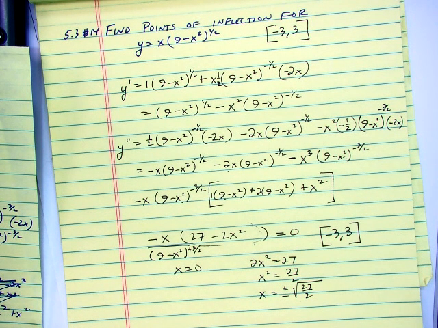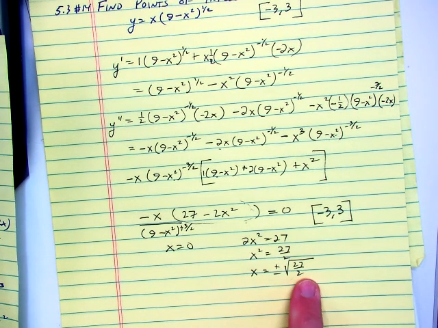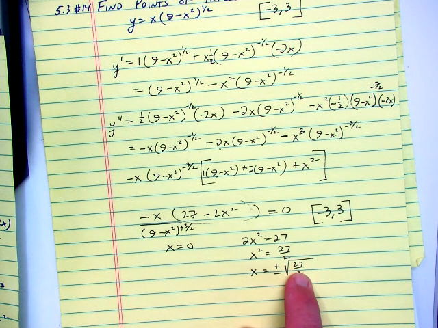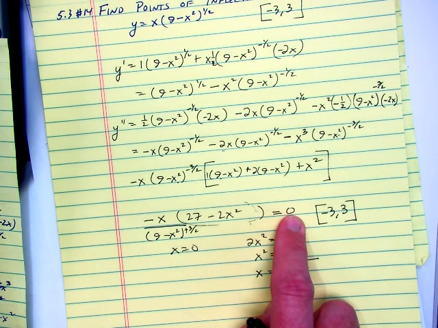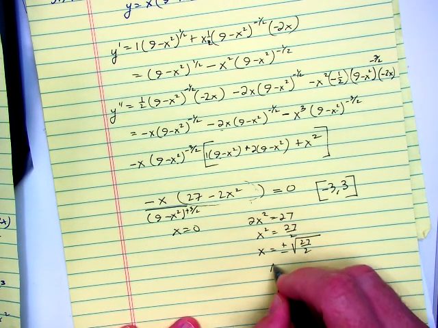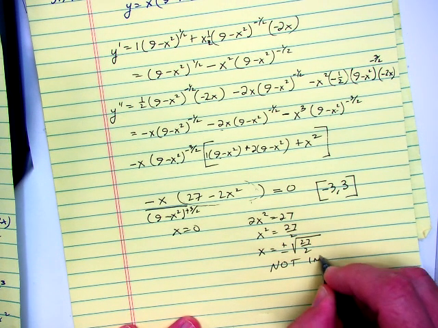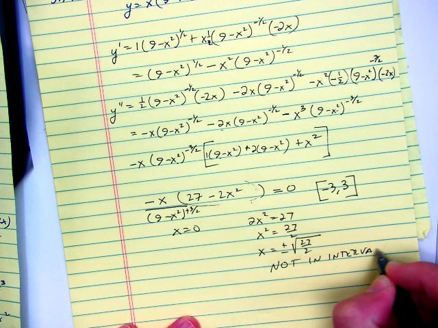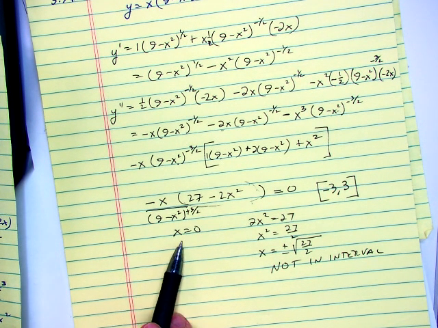All right, well, 27 over 2 is 13.5. So the square root of 13 is between 3 and 4. So it's certainly outside the range. So the negative value is going to be to the left of this. So that's not in the interval. So my only possible candidate for a point of inflection is that x equals 0.